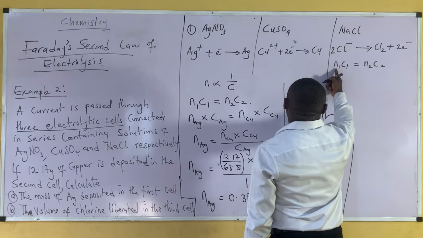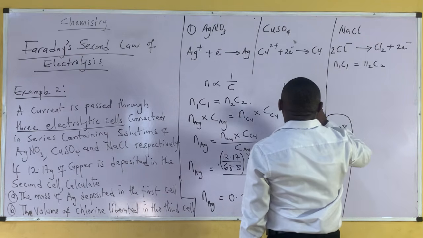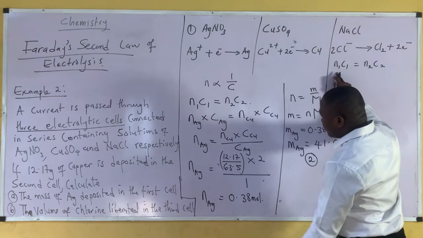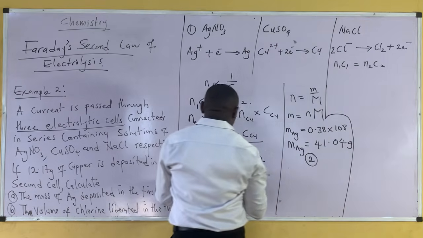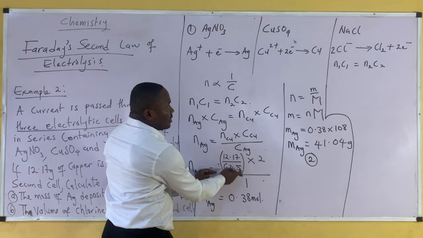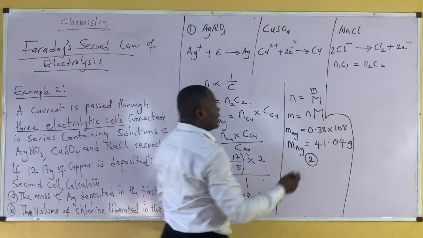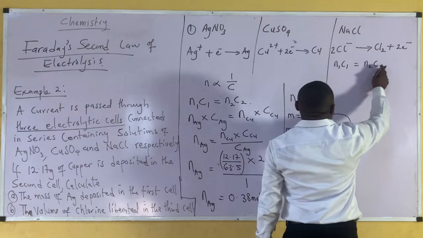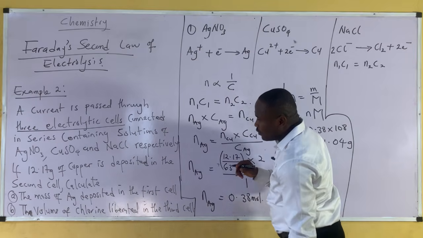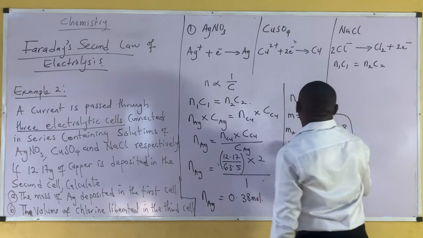Now, what is the mole of copper? We have solved for that before. Remember, everything about this is for copper. So let me just do everything again, since we're looking for the volume of chlorine gas liberated in the third cell.